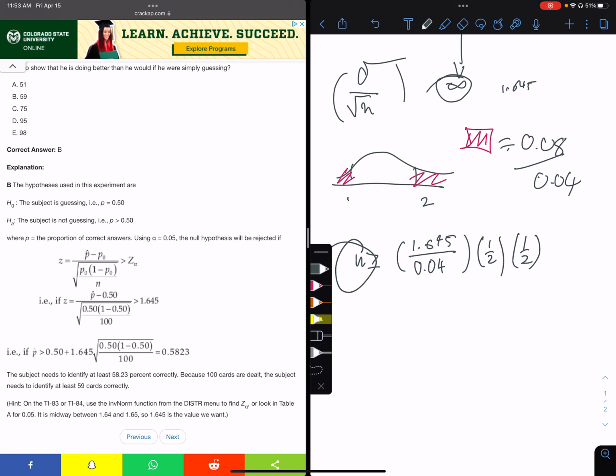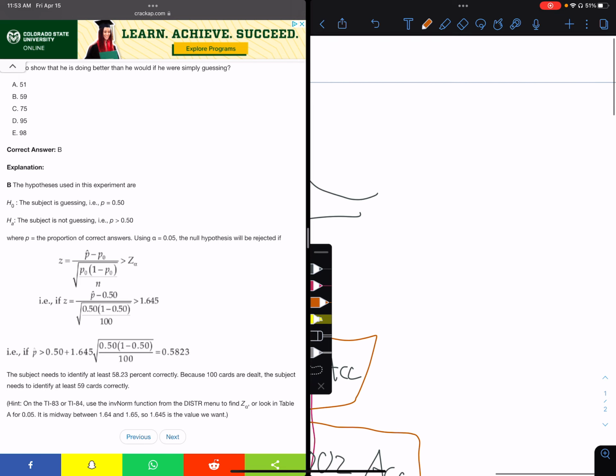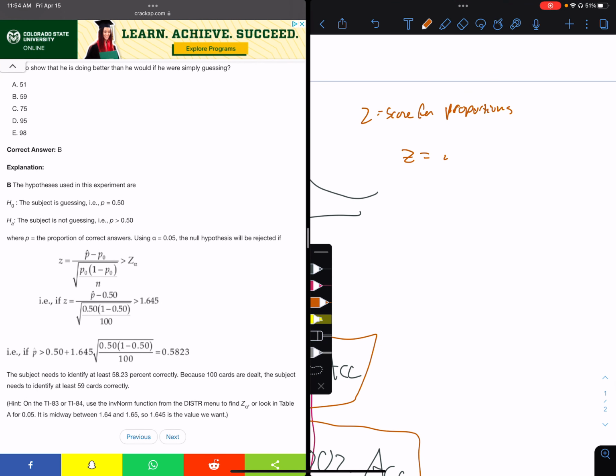This is a z-score for proportions, p minus 0.5. Okay, I remember. So it goes like z-score for proportions. Sorry, my handwriting is terrible. We go z is equal to... no, I can't write. Let me just try to memorize it.